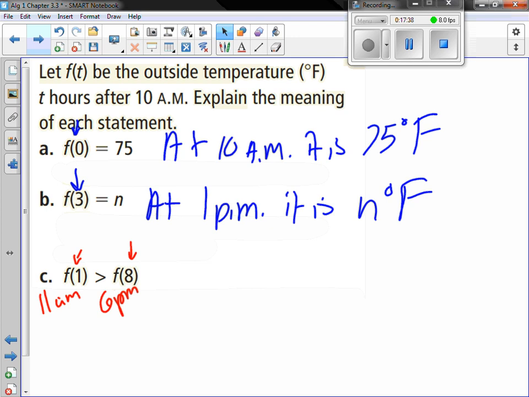If we count out 8 hours, we get 6 p.m., because it's 8 hours after 10.